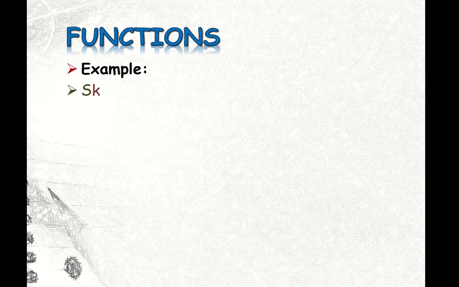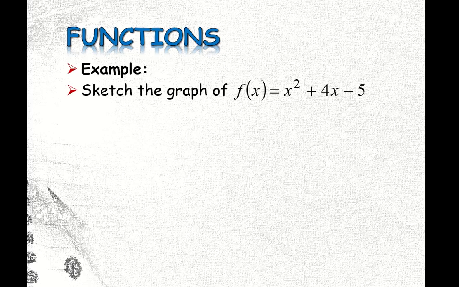Next, we have an example. Sketch the graph of this parabola. For our solution, what is our a? a is the coefficient of x squared. This is 1, so it's positive, which means the parabola opens upward. Then b is equal to 4, and c is equal to 5.